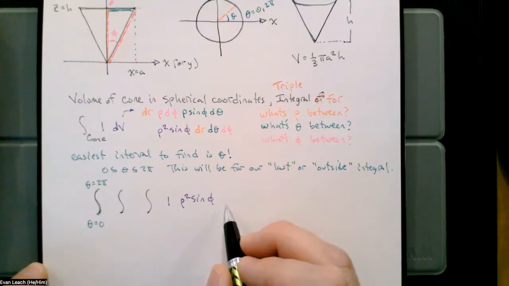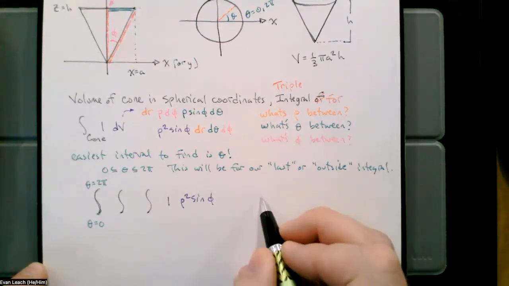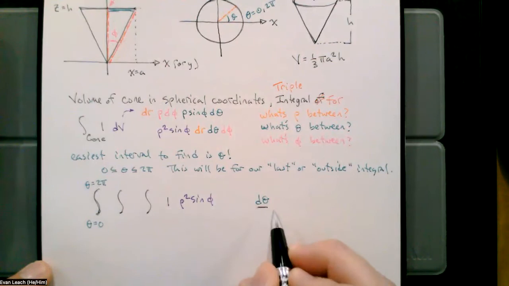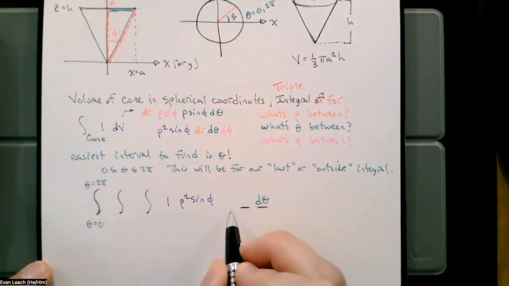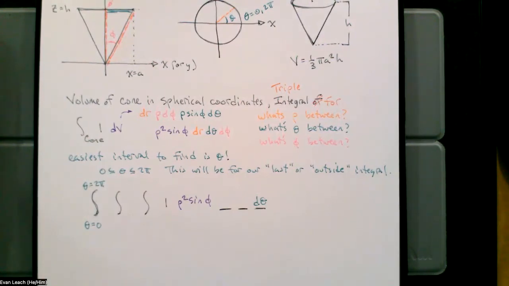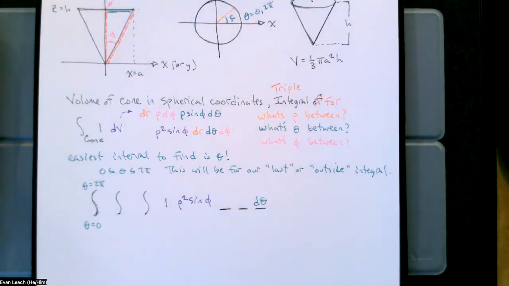So d rho, d phi, d theta is going last. Those are the 3 d's that we have to fill in. Now we got to figure out what rho is between and what phi is between.